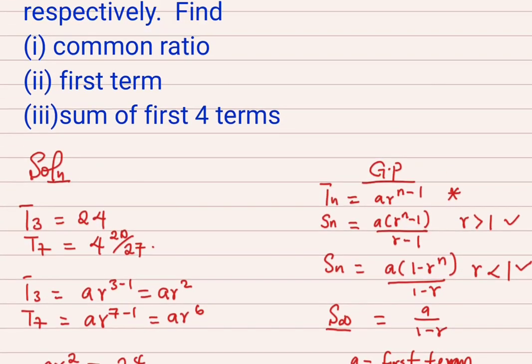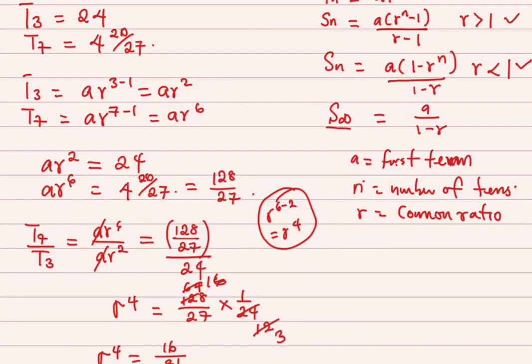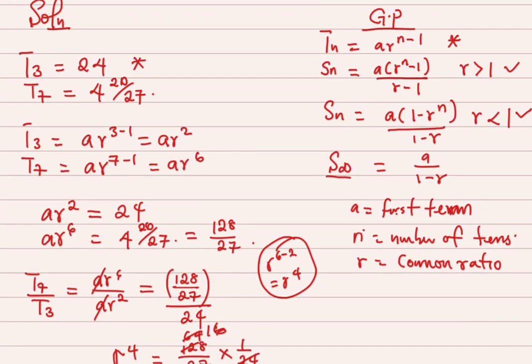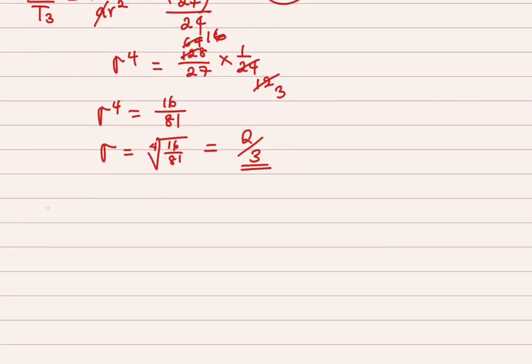Since I have my common ratio, I can go and get the first term by substituting it into ar² equals T3, which is 24. So it's a times (2/3)² equals 24.